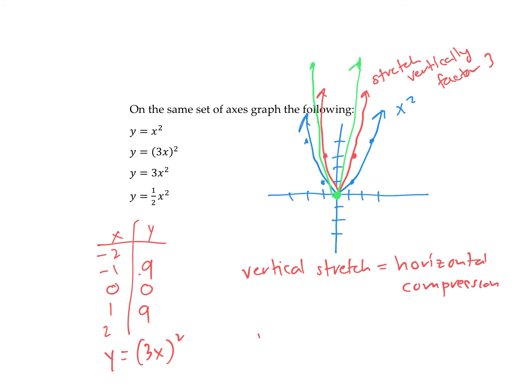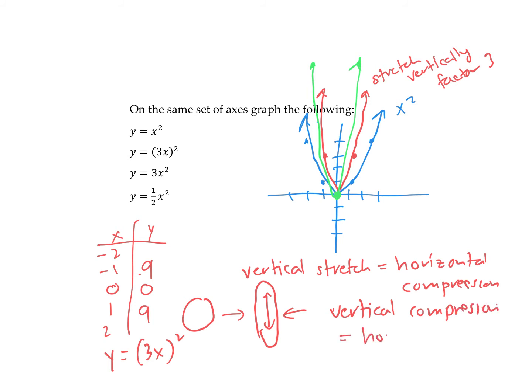So if you think of a shape that's stretched this way, if it stretches this way, it's also compressing it this way. If I had a circle and I pulled it up and down, I would be also squishing it in. Also, a vertical compression equals a horizontal stretch. They look the same.